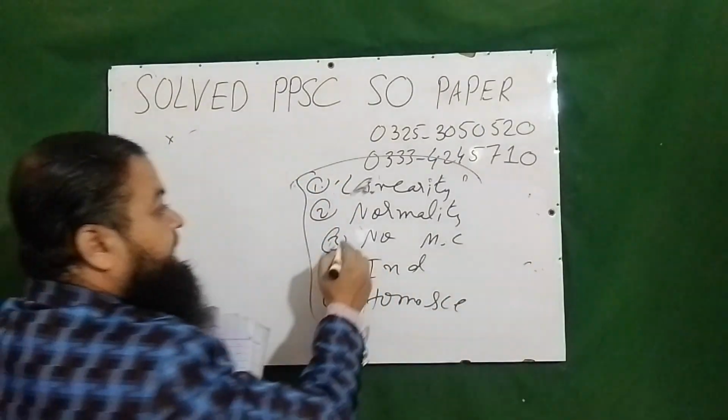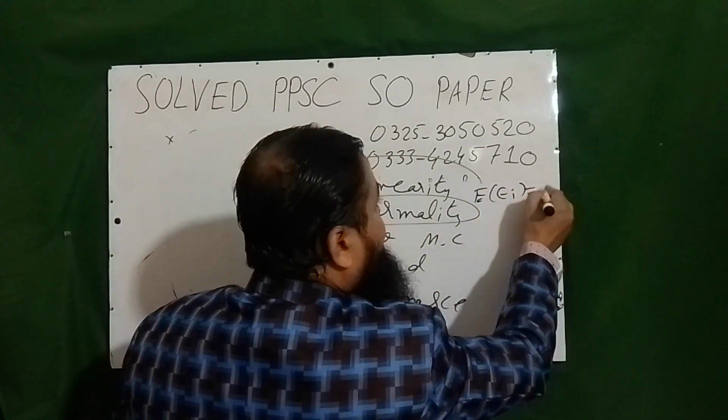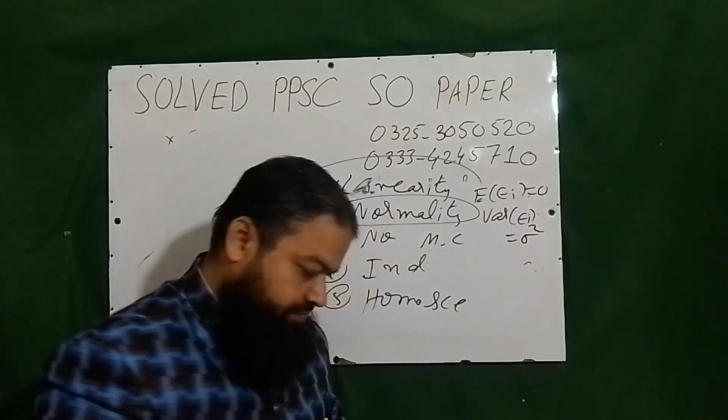These are the properties, and when the error term is normal, its mean is equal to 0 and its variance is constant, that is sigma square.